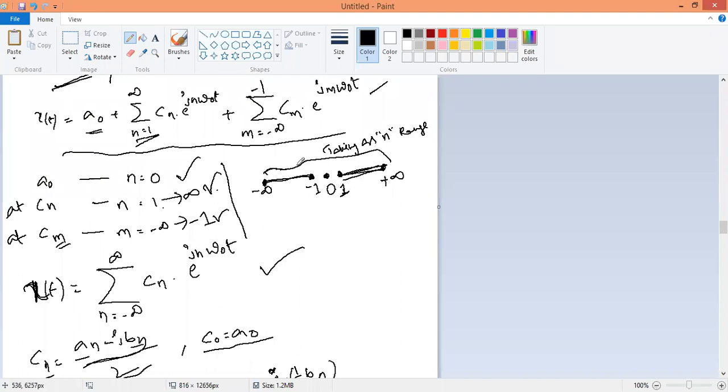First observe this entire sequence: minus infinity to minus 1 is there. After minus 1, which value will come? 0. Next after 0, which value will come? 1, then 1 to plus infinity. So this entire sequence I am writing as minus infinity to infinity. Is it correct or wrong?